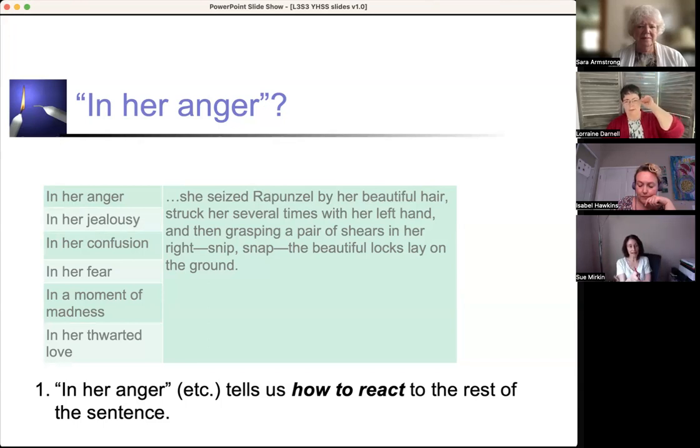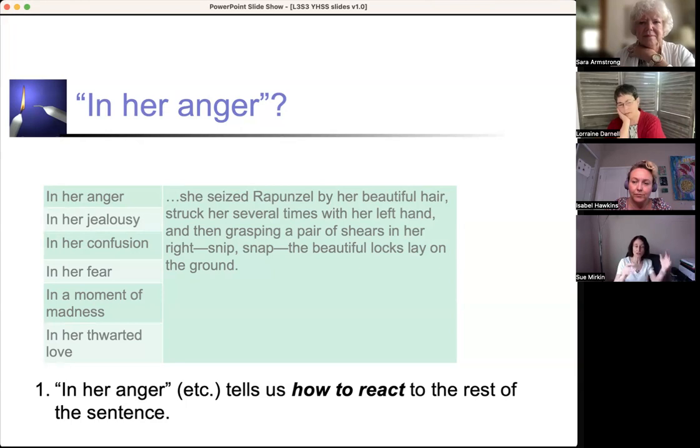Oh yes, please, Sue. So would you say that the witch's reaction ultimately, based on your sentence, tells us how to react? Yes.